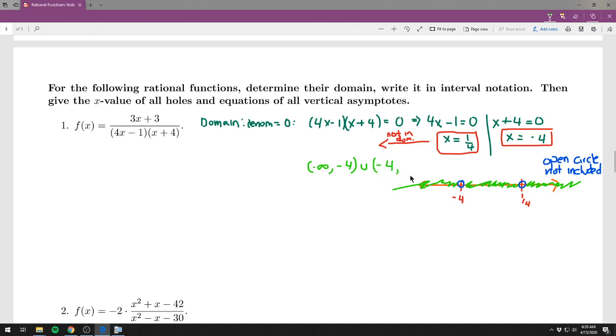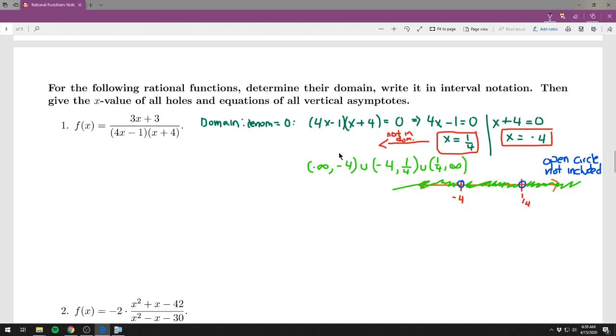We start at -4 and go all the way to 1/4. Once again, parenthesis because we're not including the 1/4. We have one more interval, so we do another union, jump over the 1/4, and there's nothing stopping us going to the right. We go all the way to infinity.